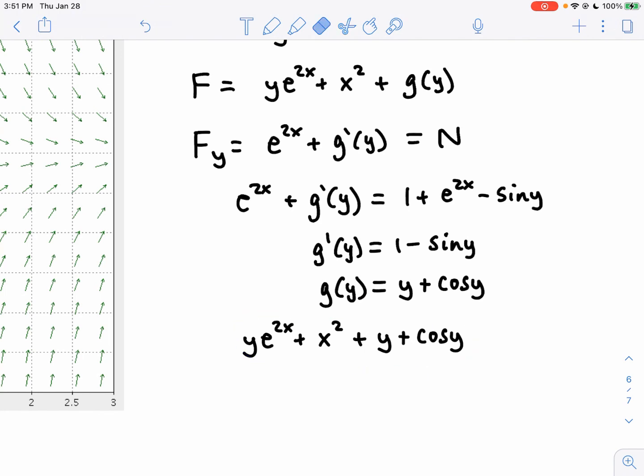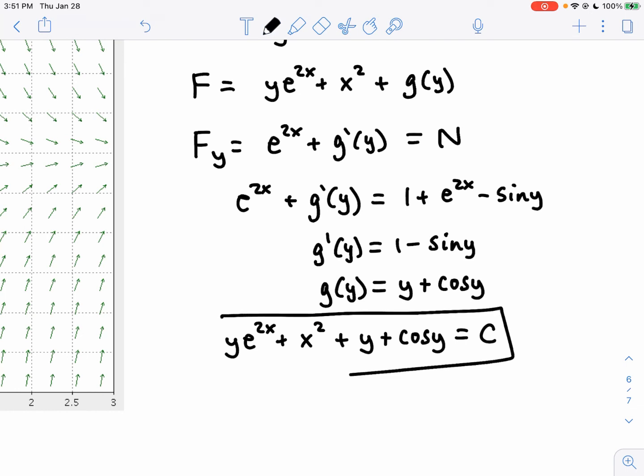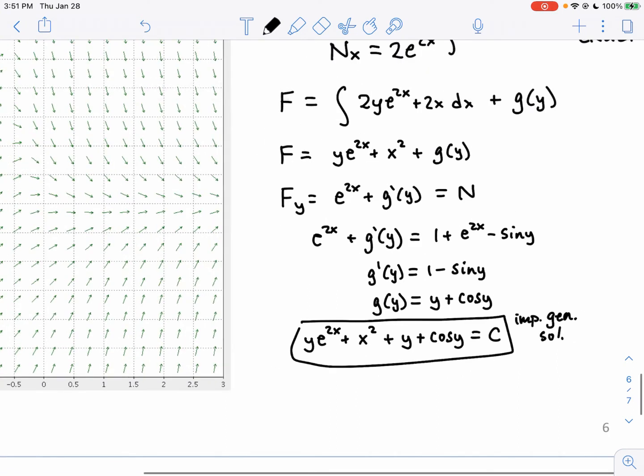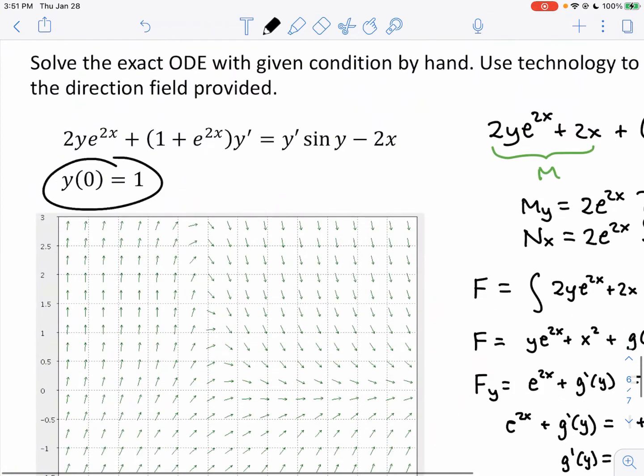Now to get the general solution, let's get rid of that equals F and just put this equal to a constant. And we've just created a general solution. And it's an implicit general solution. But we do have some initial data, so we can find a particular solution. But we'll leave it implicit though. I'm not going to solve for y.